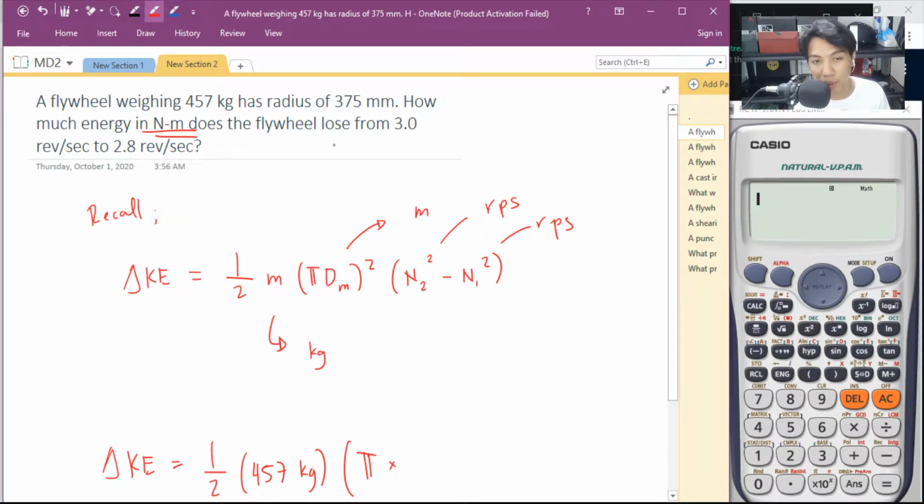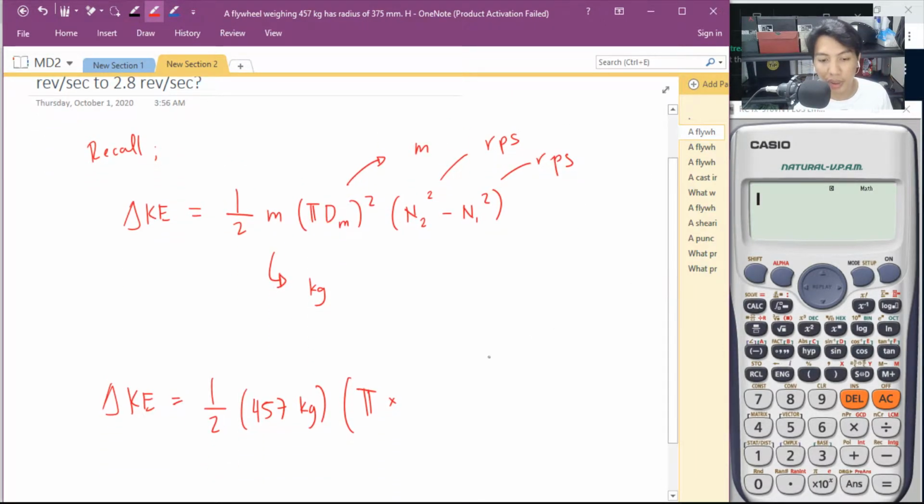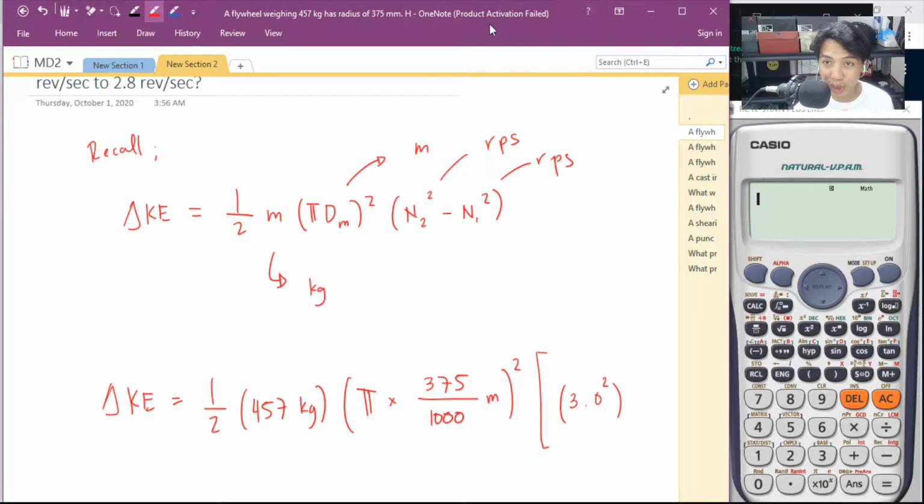I-divide mo na ng 1,000 to. So, 375 divide by 1,000. Diba 1,000 millimeter per meter? So, maging meter na siya. And then, square mo. Multiplied to N2, 3.0 squared. Wala nang unit yan eh. Ang revolutions, walang unit na po.